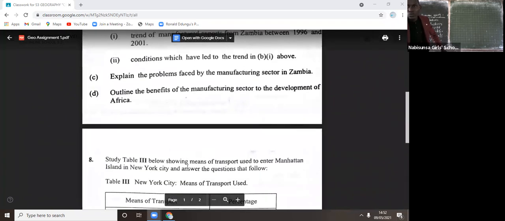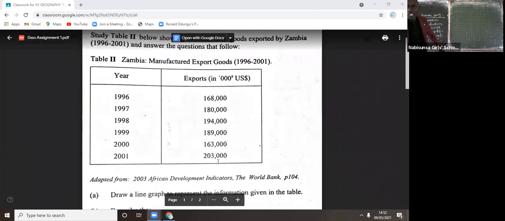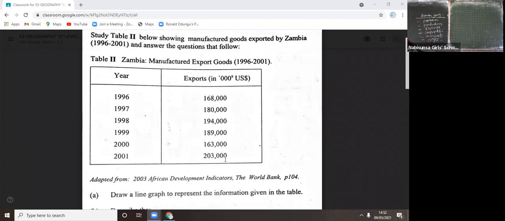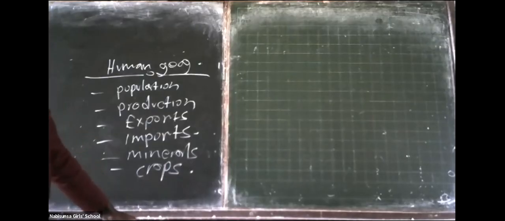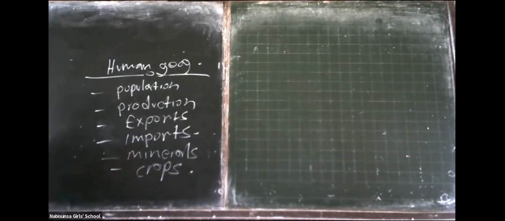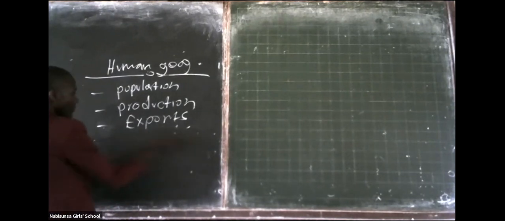But for us, we are going to concentrate here. Such questions where they talk about exports, minerals, population, production, crops, that's what we mean by human geography. Am I clear? Even if I remove this information from the blackboard so that you can proceed.